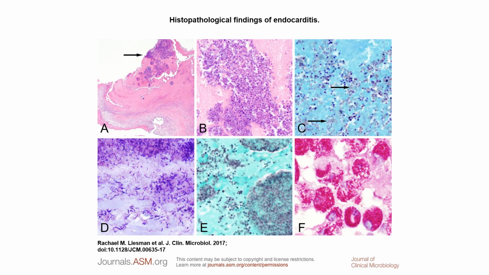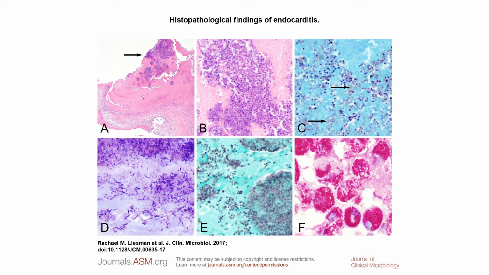Once the endocarditis does develop, these are some pictures of what it looks like histologically. On the top row are images of streptococcal endocarditis. Panel A is the lowest magnification, so you can see the healthy valve on the lower half, and then the vegetation with the arrow pointing at it.